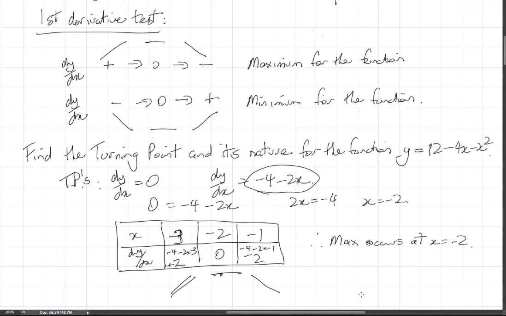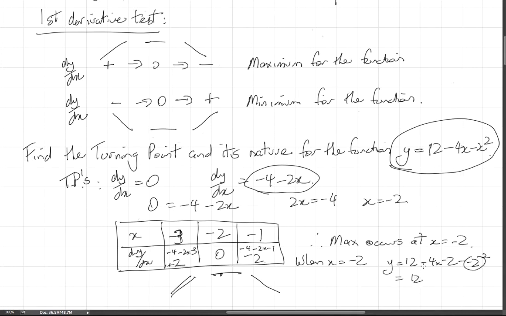And if you wanted to know what the maximum was when x equals negative 2, what is the value of the function? y equals 12 minus 4 times negative 2, we are substituting back into the original equation. 12 minus 4 times negative 2 minus negative 2 squared.